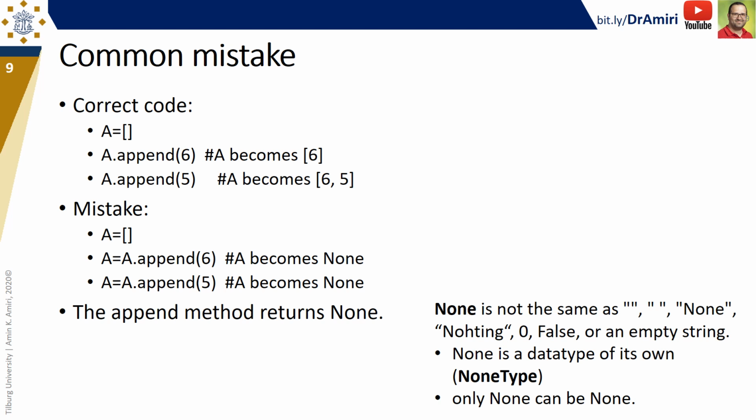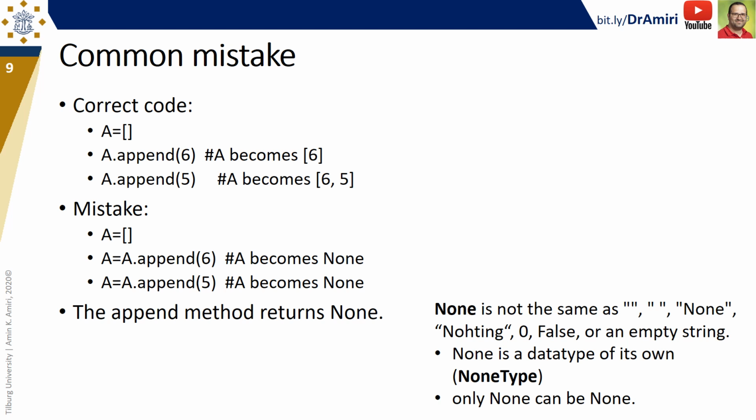What that means is that None is not the same as an empty string or a blank space, or 'None' or 'nothing' as strings, or zero or False. None is a data type of its own. Only None can be None. We don't have any other example of this.